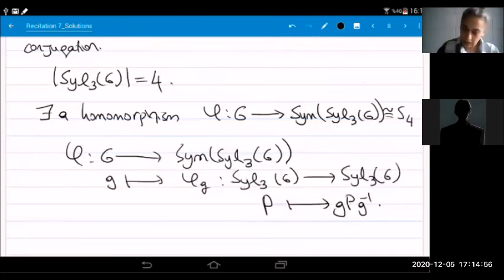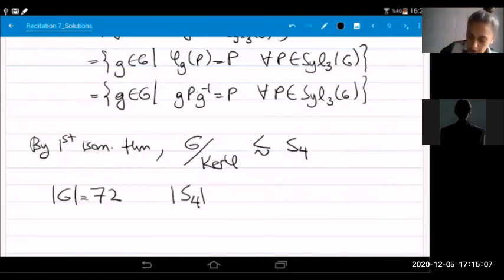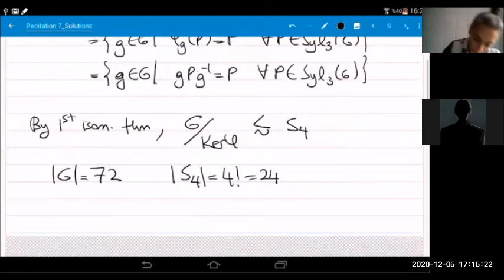Okay. So what we have here, we know that the order of G is 72, and the order of S4 is 4 factorial, which is 24. And the order of this quotient, G over kernel phi, has to divide 24 because it is isomorphic to a subgroup of S4.